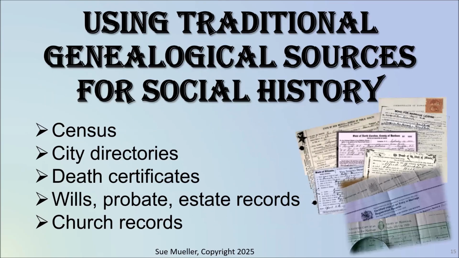So you can get information from the census to help you out, but you have to always look at the original document. Some city directories are only going to have people who are working, or the wife of a worker, somebody over 18.